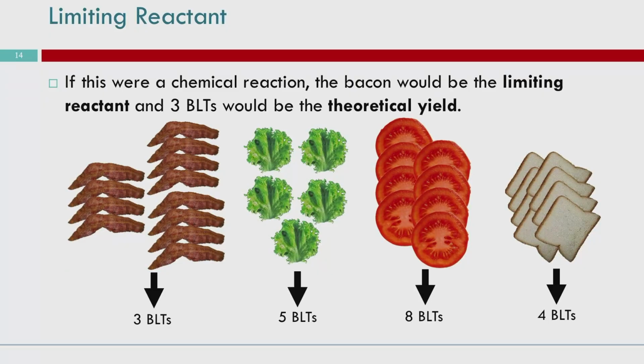So if this were a chemical reaction, our bacon is going to be our limiting reactant. It runs out first and limits the amount we can make.